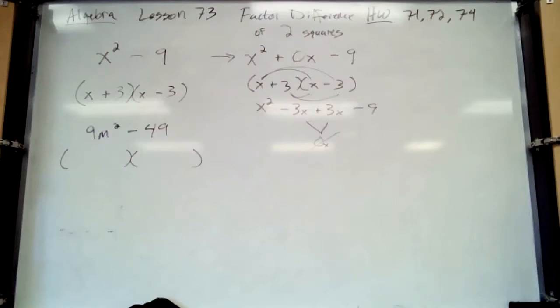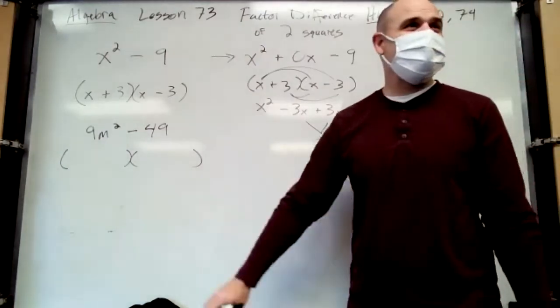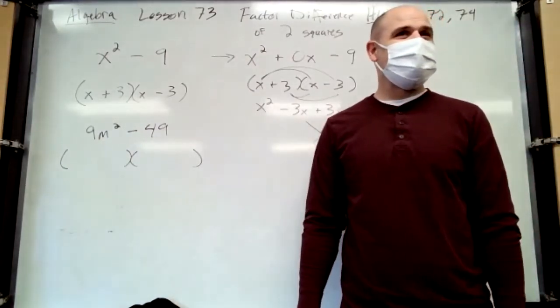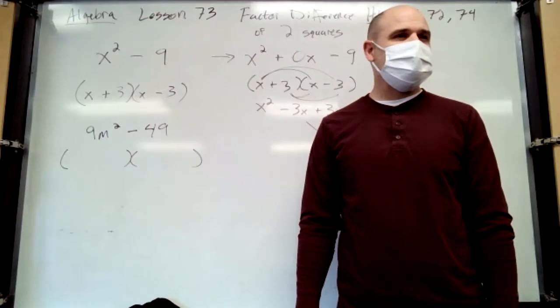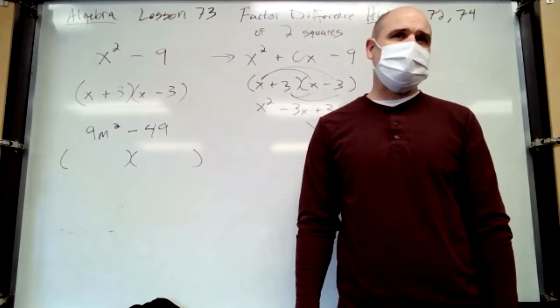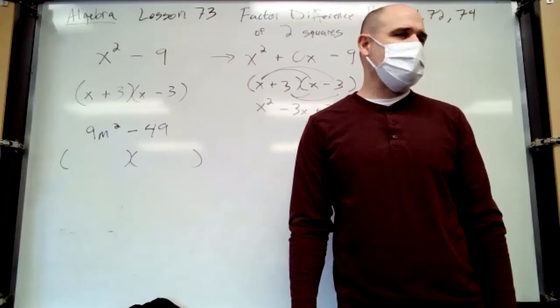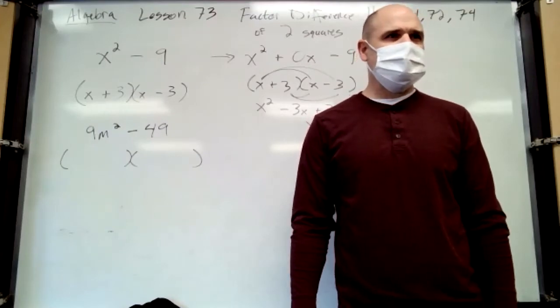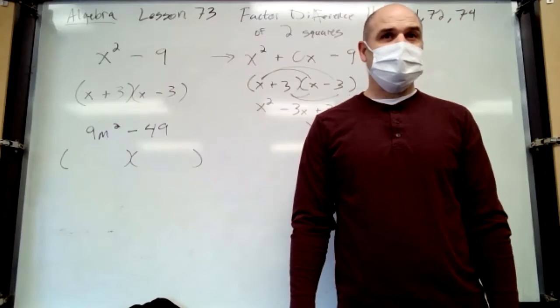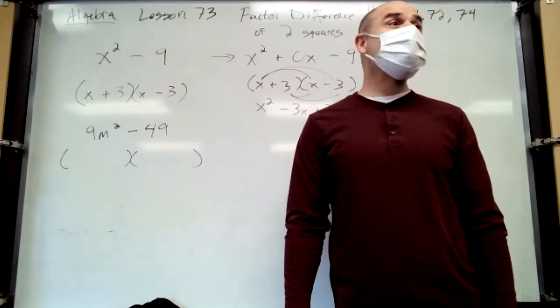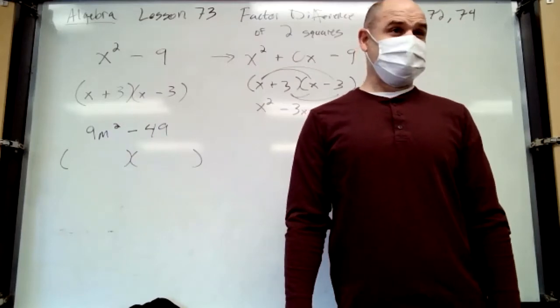What is it? So how do I factor this? Did none of you write down the shortcut? What's the shortcut to factoring a difference of two squares?